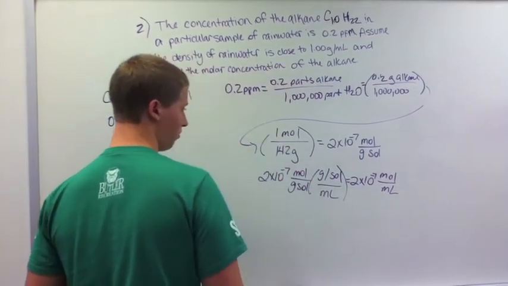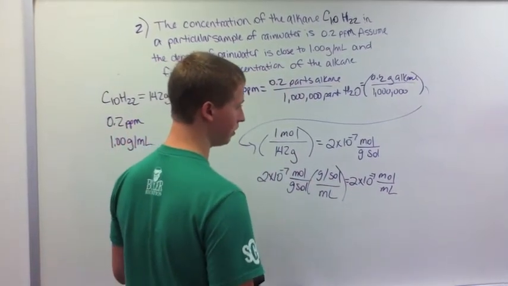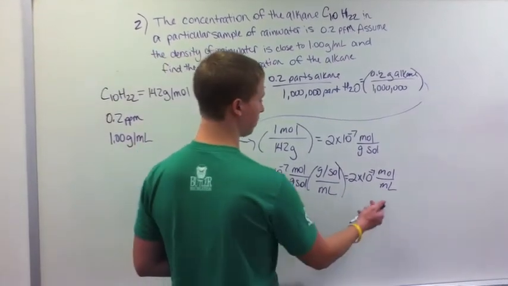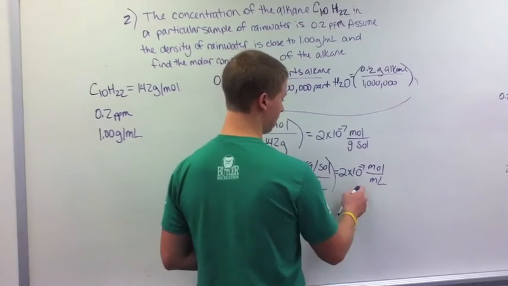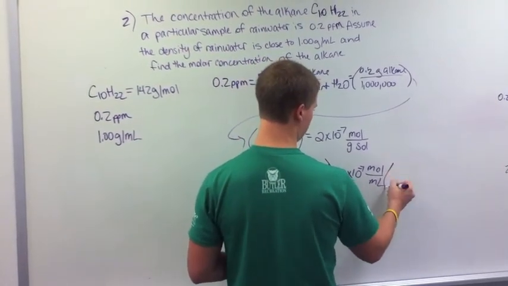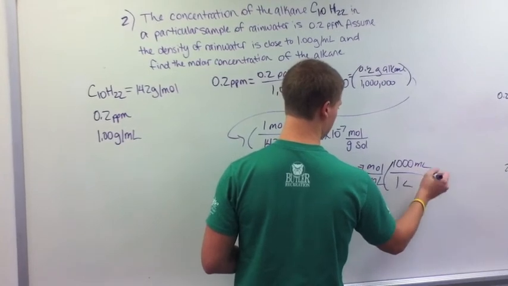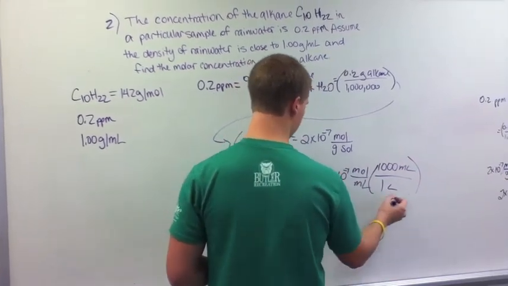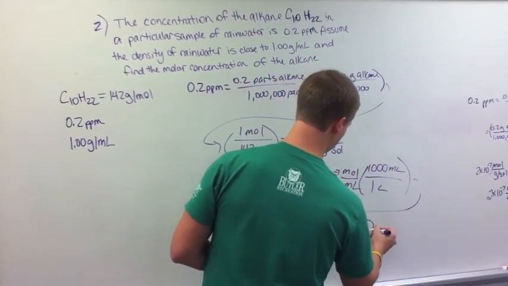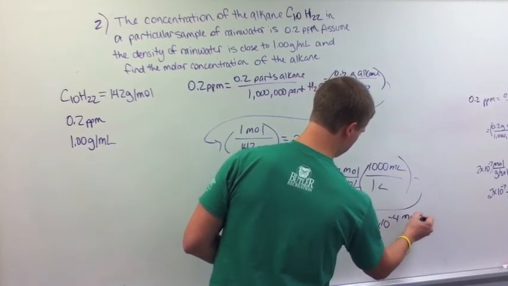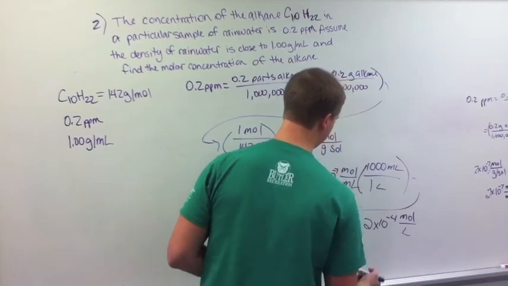And you should know that you can't have moles per milliliter if you want a molar concentration, because the given is moles per liter. So you take this concentration times 1,000 milliliters to 1 liter, and it's going to give you 2 times 10 to the negative 4th moles per liter, which is your molar concentration.